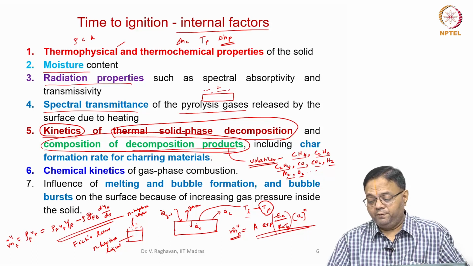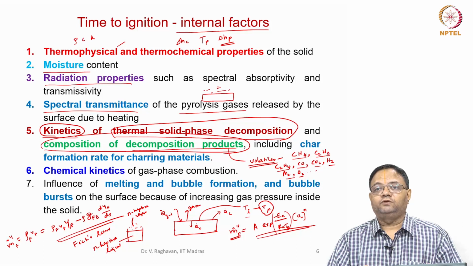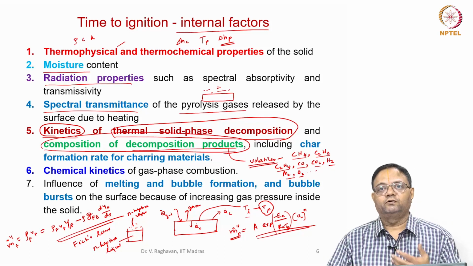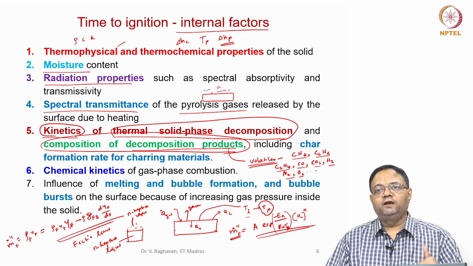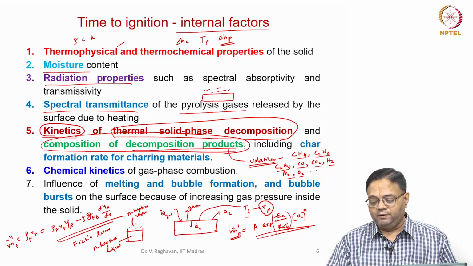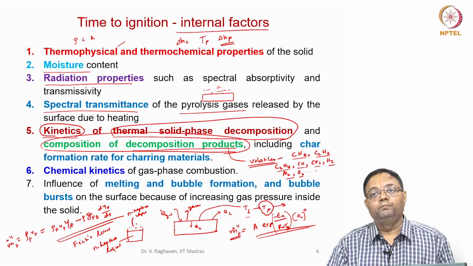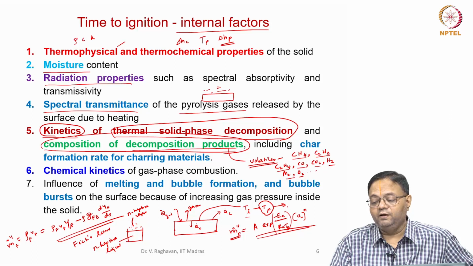Further, after reaching Tp, the temperature of the surface need not stay at Tp. It can further increase due to the incoming heat flux, or the flame formed over the surface can give heat feedback to the surface, and the temperature can increase beyond Tp. So what happens when the temperature increases beyond Tp?